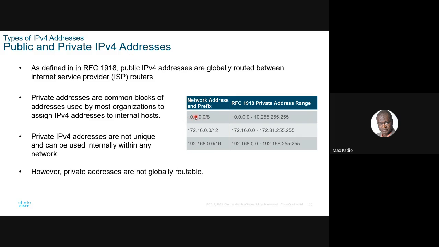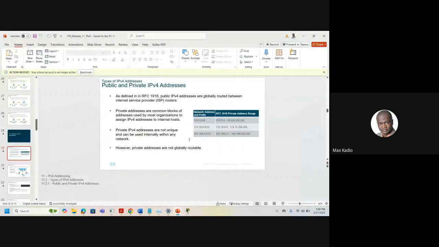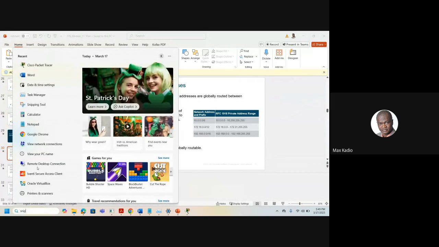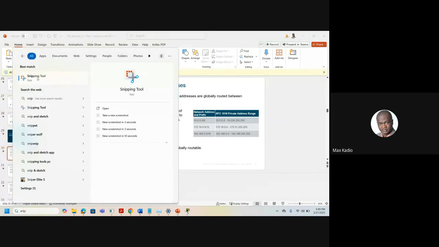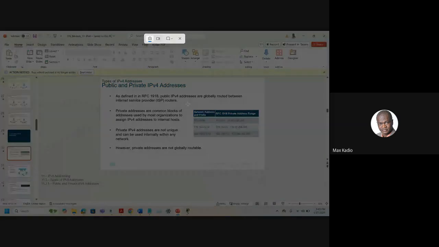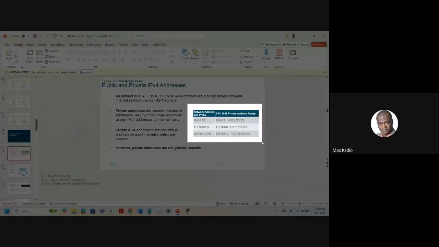So we'll see that for class A, let me take this one. Let me do it like that to make it simple for you. Snipping tool, I grab it. Now, where is that? I take this one.